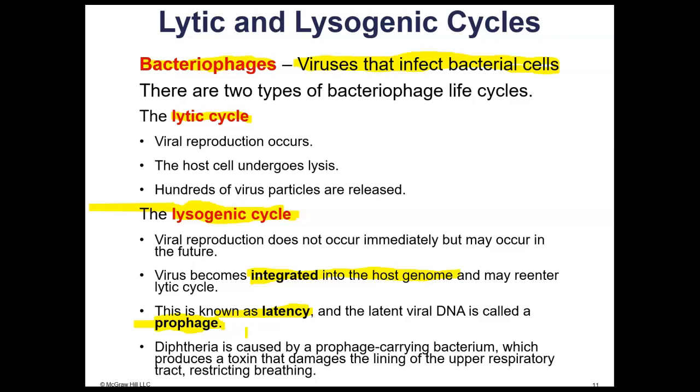Diphtheria is a human disease caused by a prophage-carrying bacterium, which produces a toxin that damages the lining of the upper respiratory tract, restricting breathing.